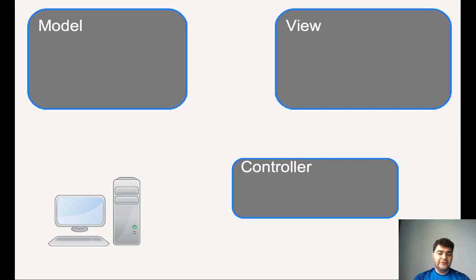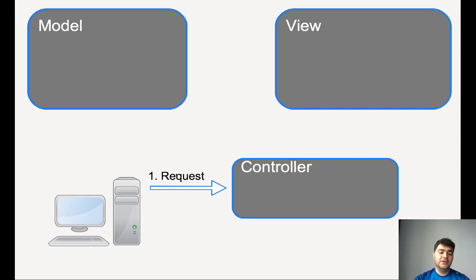And what is model view controller and how does it work? Let's have a look. There is a user, and the user enters a URL into the address bar of the browser. Then the user sends a request to the web application, but this request reaches the controller part of the web application in the model view controller pattern.